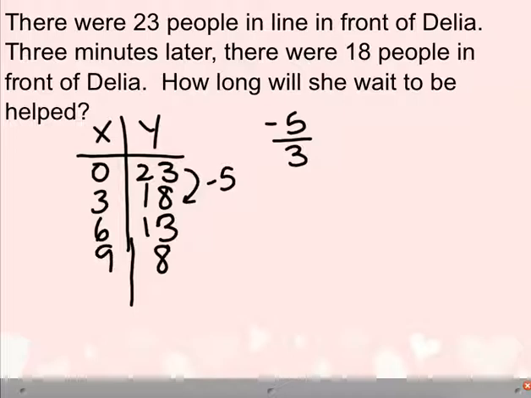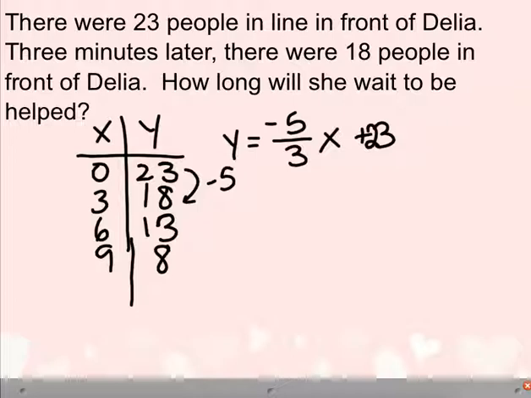But how do we know for sure when we get to 0? So we say, all right, y is the amount of people. So if I create an equation, y equals -5/3 x, well, she starts at 23. This is constant, but it's not necessarily direct variation.